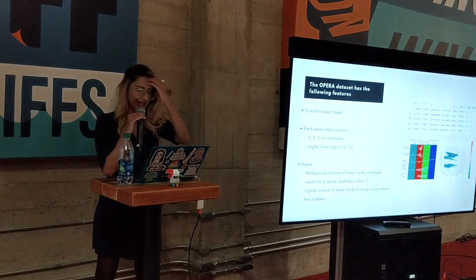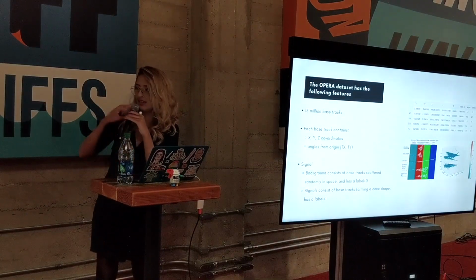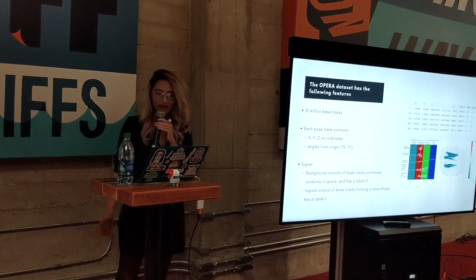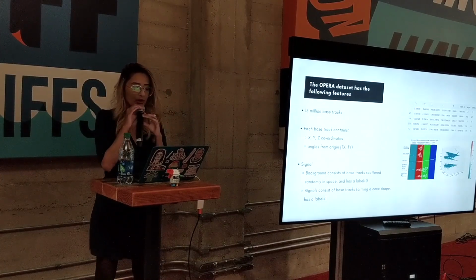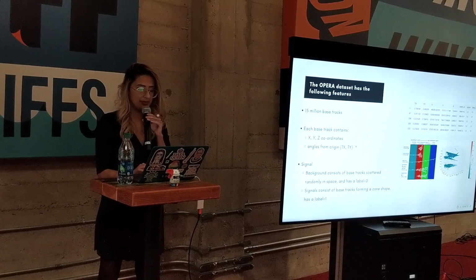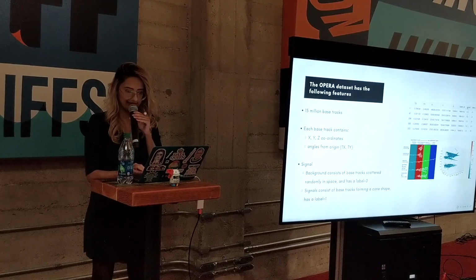The data set we're working with has 15 million base tracks. You can see the XYZ coordinates of the tracks. You can see the angles from the origin, but that's actually not available for all data sets. And then there's this thing which tells you whether it's a signal or not. So that's the data we're working with.